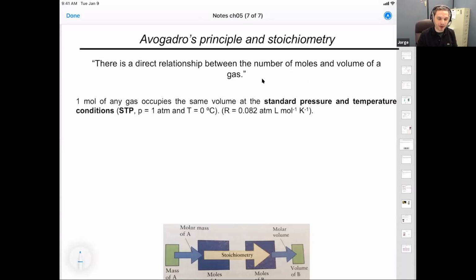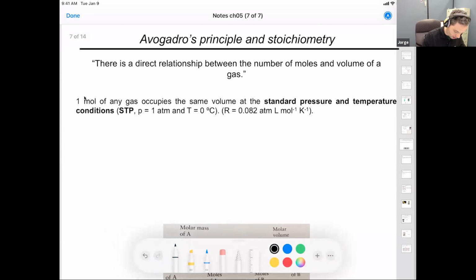And we have a very special condition where 1 mole of any gas, no matter the identity of the gas, occupies the same volume. This condition is called standard temperature and pressure.